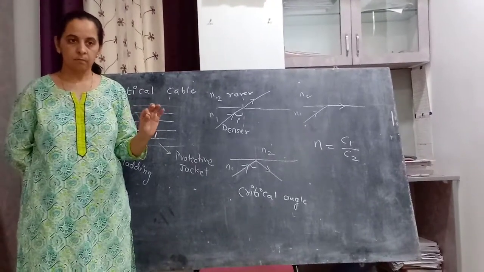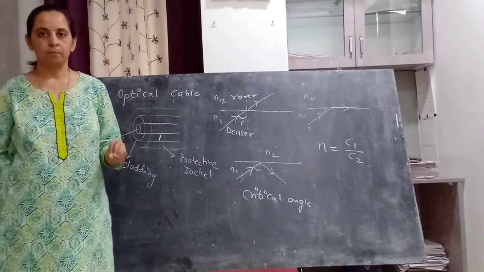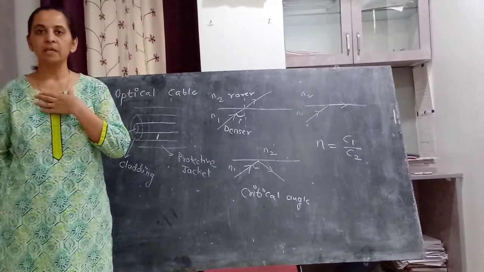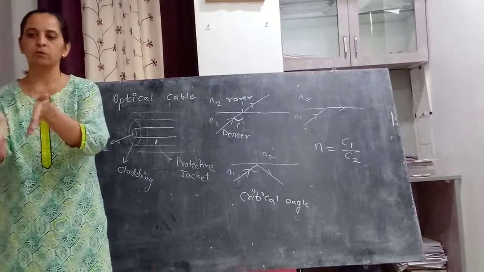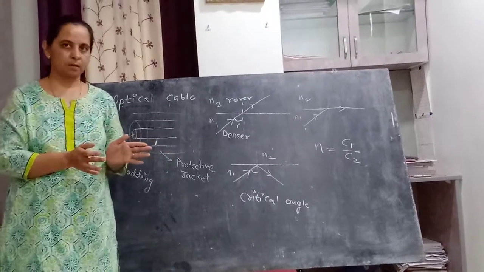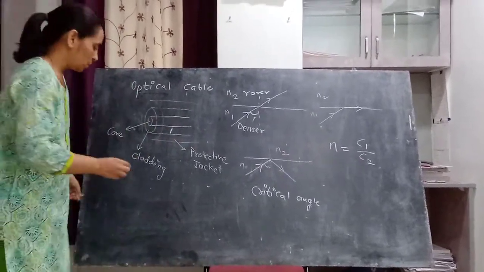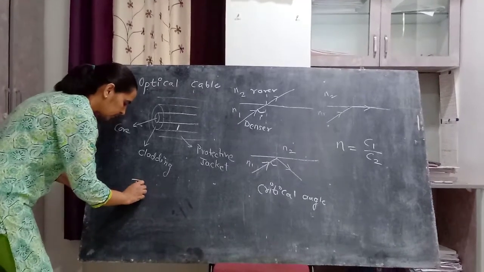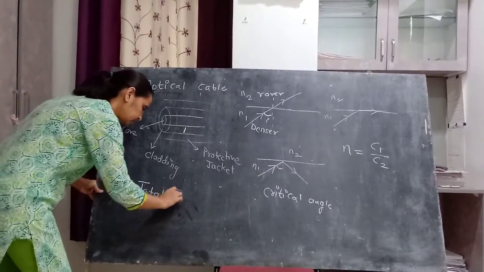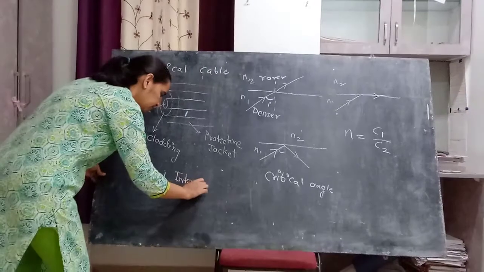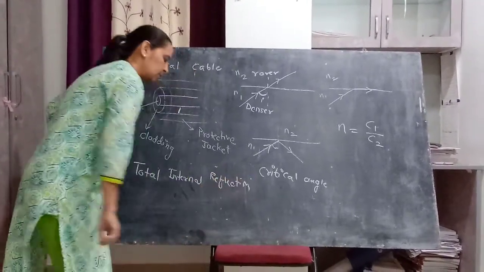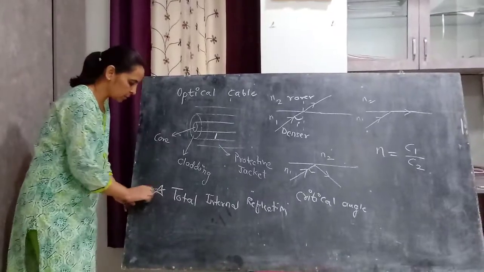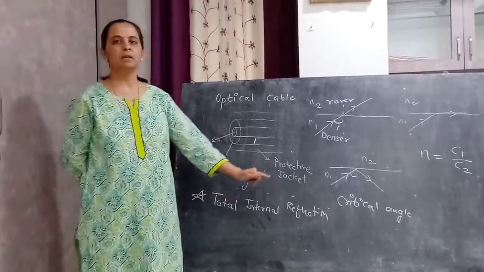See, though it is a guided medium, we don't have any control on the light. We cannot restrict the light to travel only through this path and not that path, right? So we need one concept, a very important principle, that is total internal reflection.